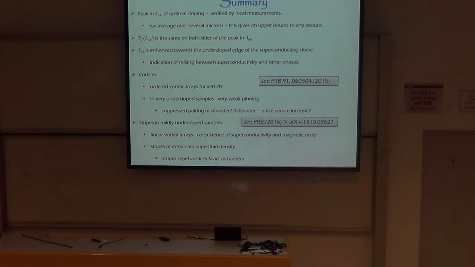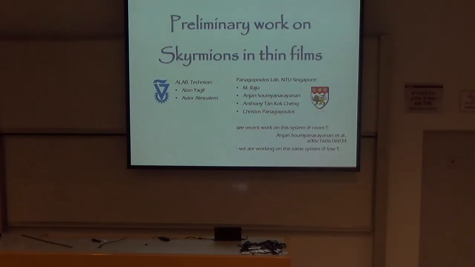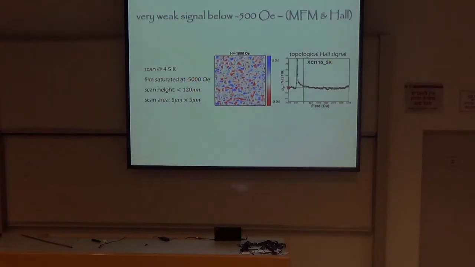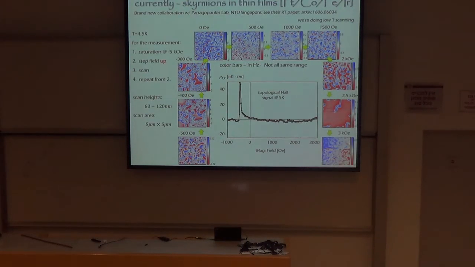And my promo is, we just started work on fermions and thin films, and I don't have time to talk about it. We really just started it, but I'll leave you with this slide. This slide is very heavy. So we did these measurements here, and this scan was done by our collaborators at NTU.